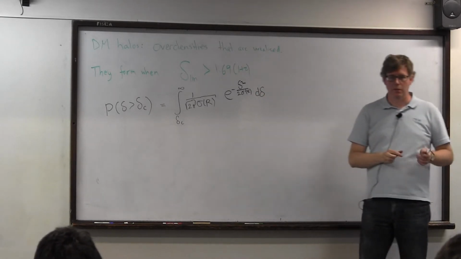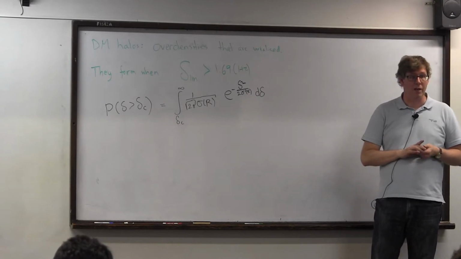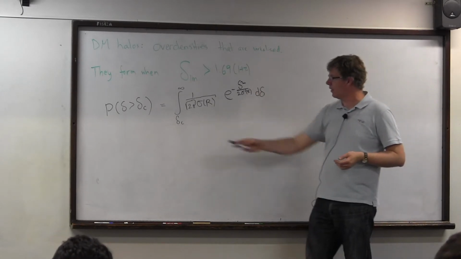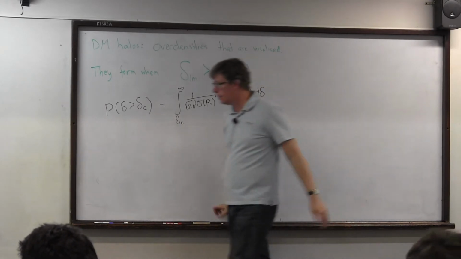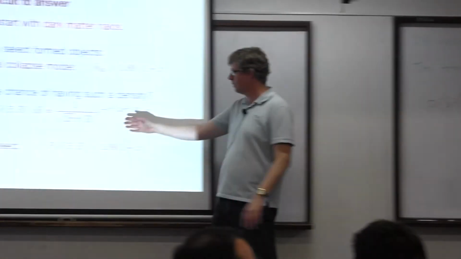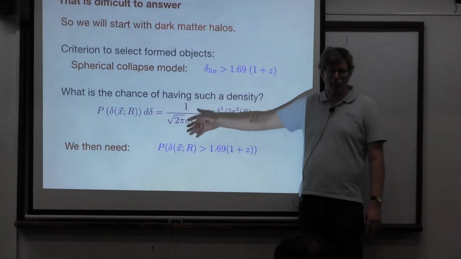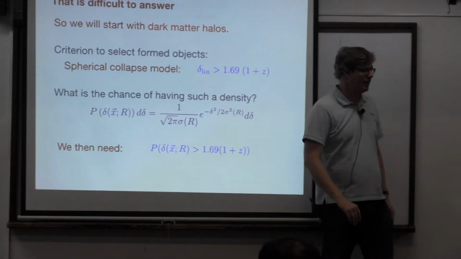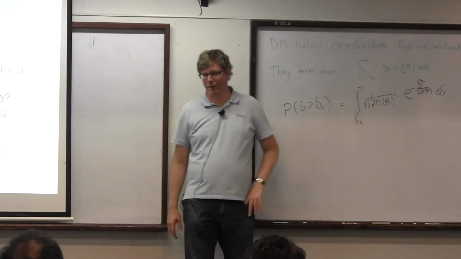That's just an integral telling me the likelihood of having delta greater than delta c. If you know probability theory, that makes sense. If you don't, you can just take my word for it that this is how the likelihood should be calculated.